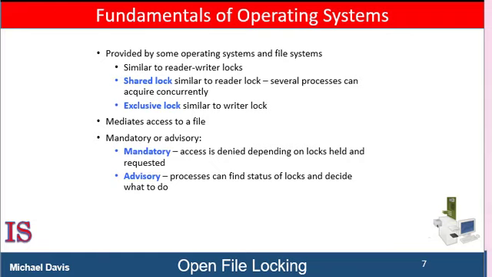For advisory locking, it is up to the software developers to ensure that locks are appropriately acquired and released. As a general rule, Windows operating systems adopt mandatory locking and Unix systems employ advisory locks.